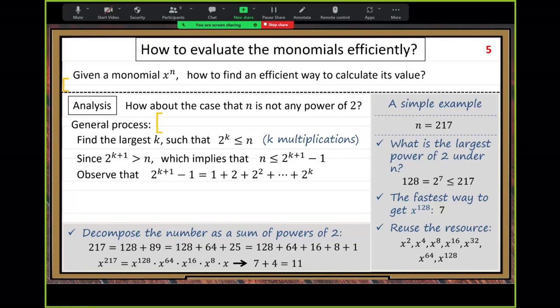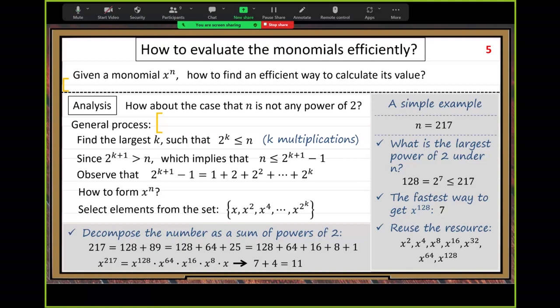So how to form x to the n? Select elements from this pool. We generate the pool like that.